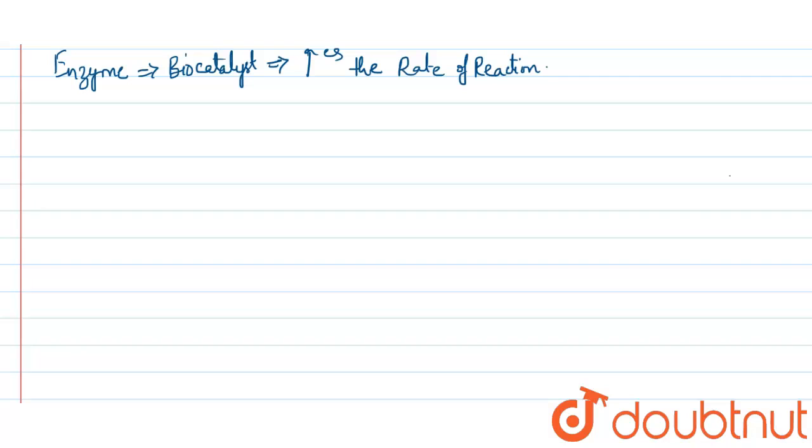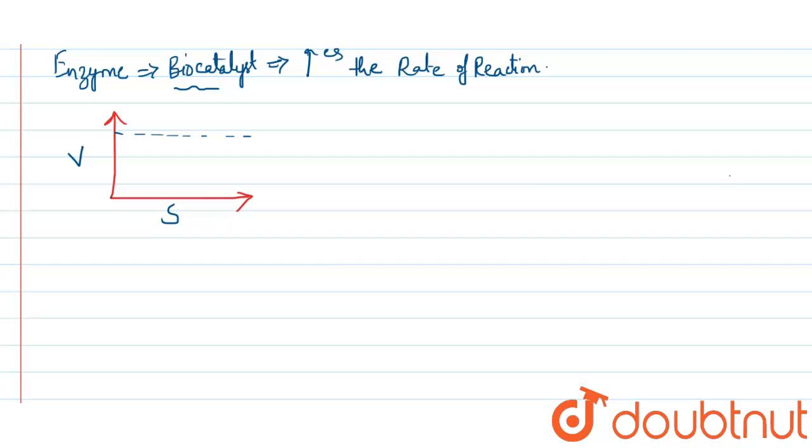So let us learn in brief about these enzymatic reactions. Initially, when there is the presence of an enzyme, on the x-axis we can see substrate concentration, and on the y-axis we can see velocity of the reaction. Since enzymes are biocatalysts, they increase the rate of the reaction. However, when the substrate concentration is high, the enzyme will be saturated and then the reaction will be stabilized.